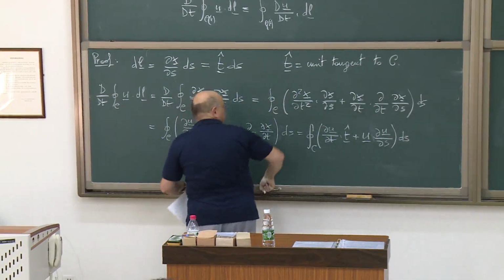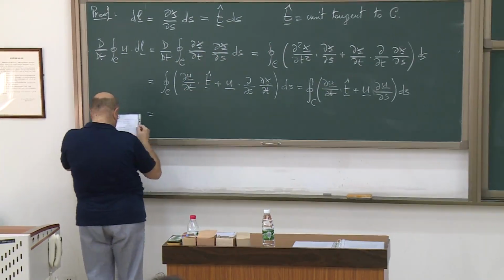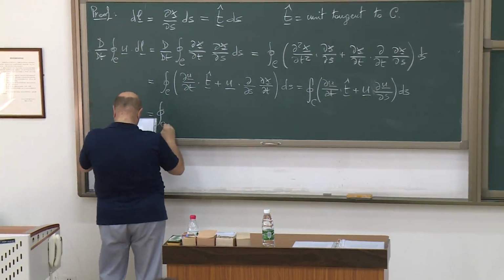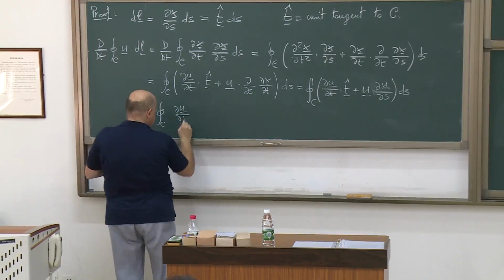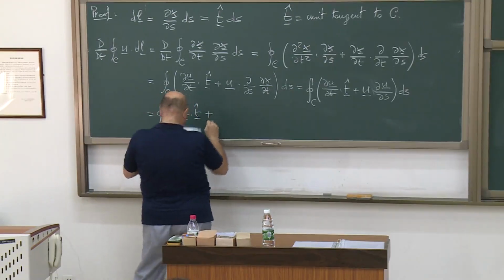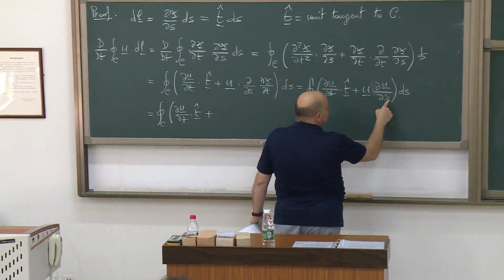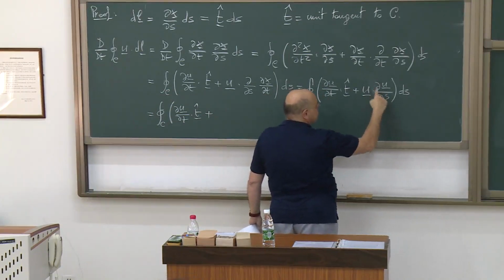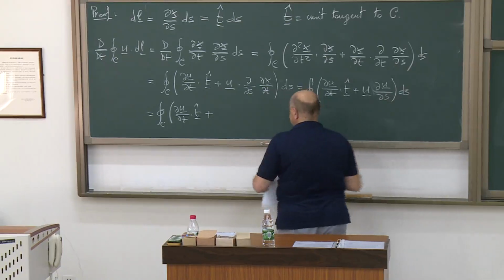Okay? Right. Last line. This is the integral of du/dt along the tangent plus, now this term, you can recognize d/ds is just the gradient of u along the tangent.